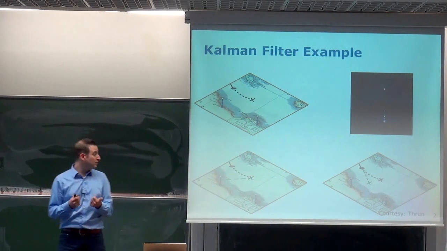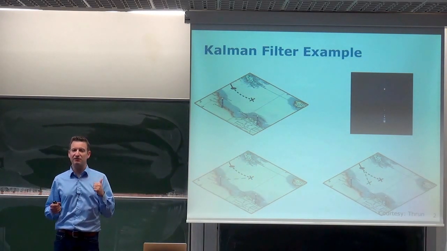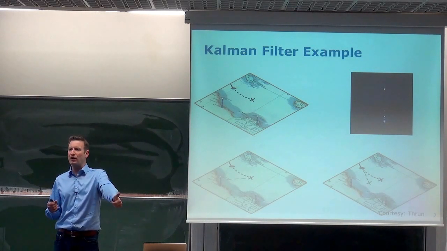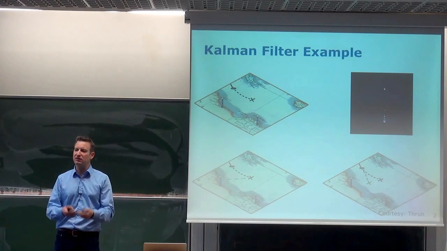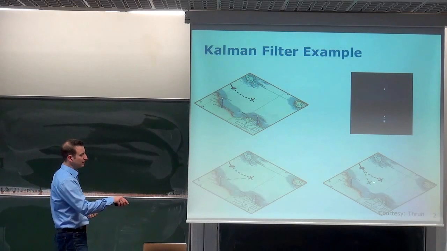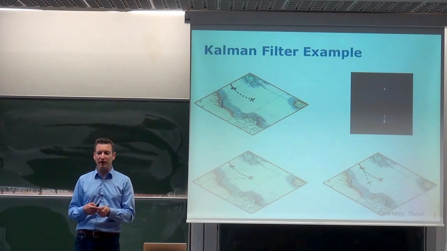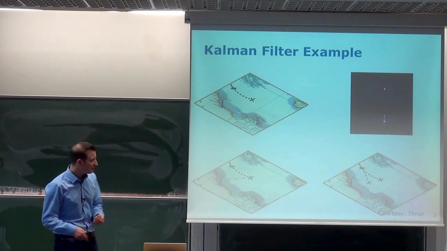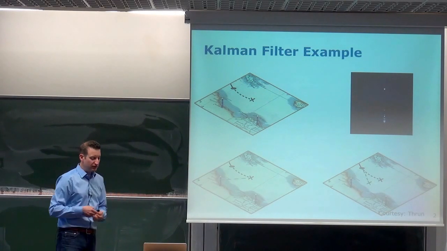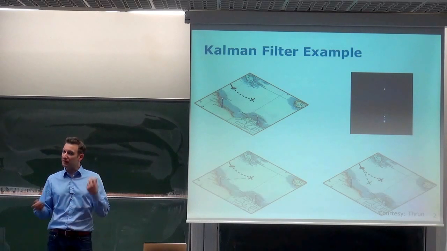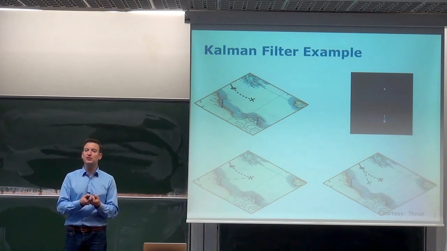And now I have two things. The first thing is I have a prediction where I think I am based on the speed that I was traveling. This was the black cross. And I have an estimate where I should be according to my observation, the green cross over here. And then the question is, how do I fuse those two estimates?